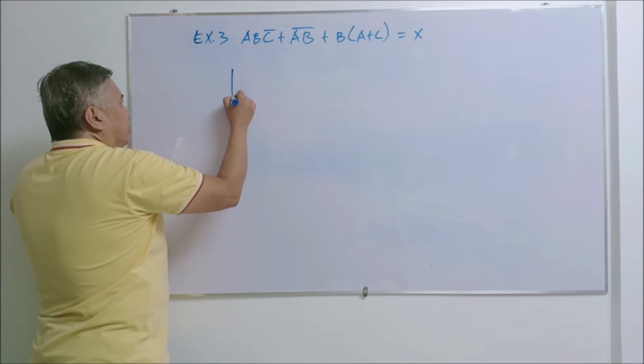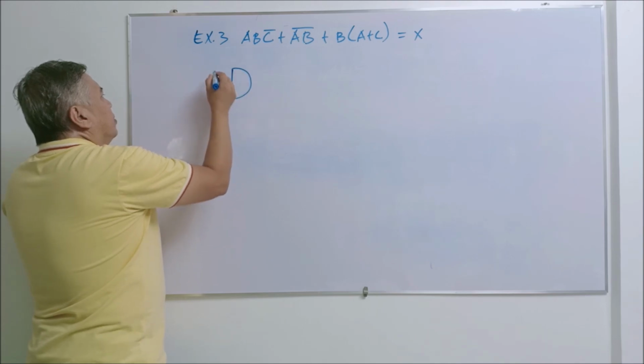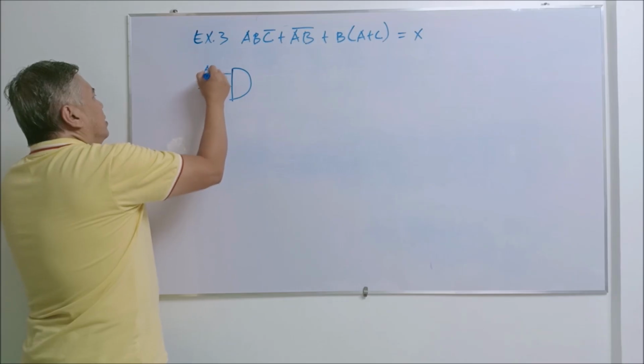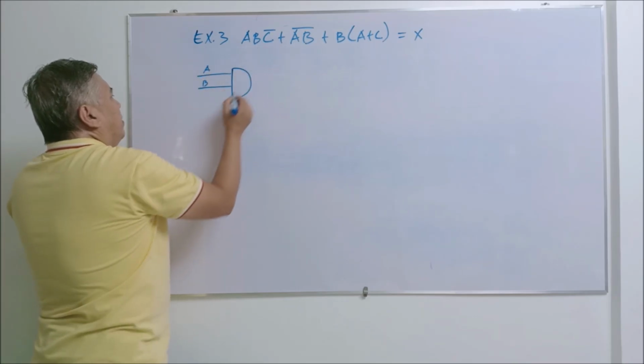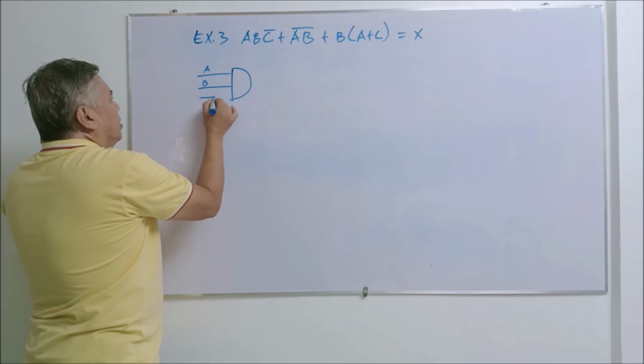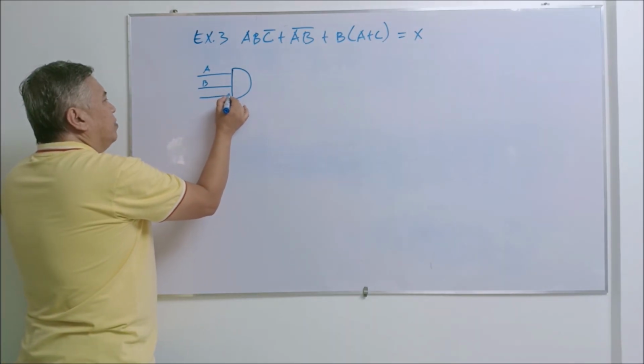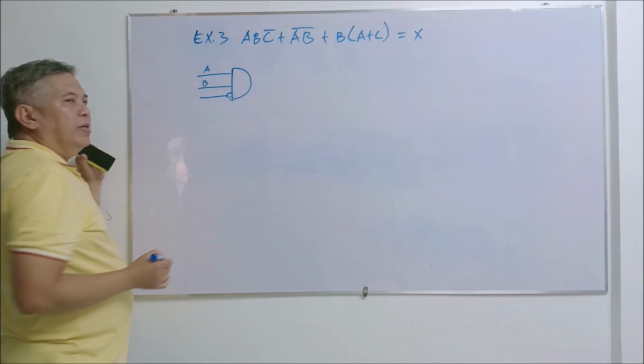So you have a 3-input AND gate, A, B, and C complement. For C here, either you use an inverter or you represent the inverter with a bubble.